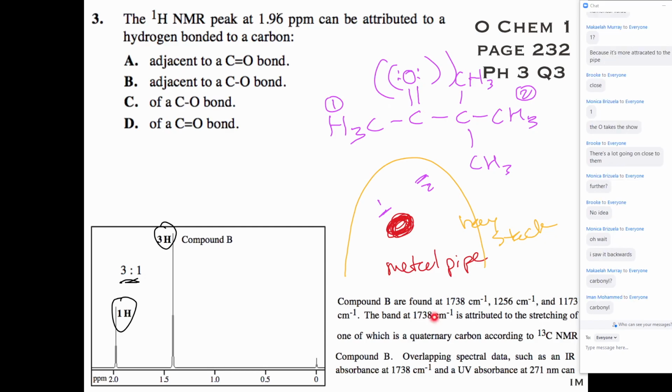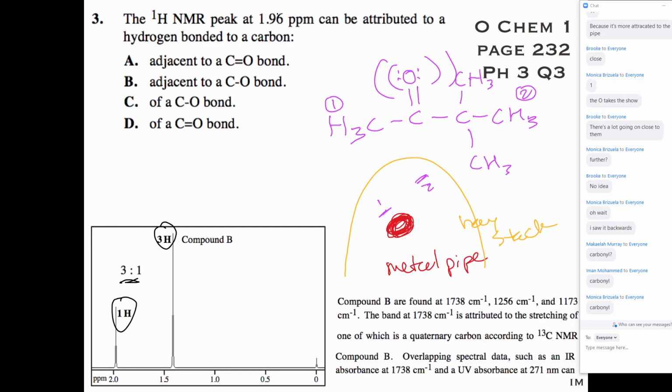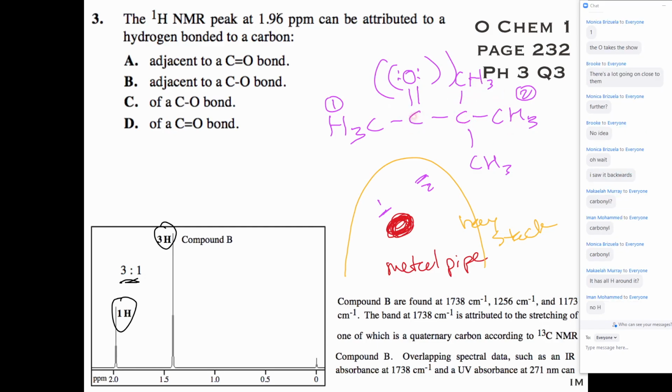Carbonyl compound, perfect. And then what is a quaternary carbon? Carbon with 4 other ones attached. So a quaternary carbon, carbonyl, and then one other one there.